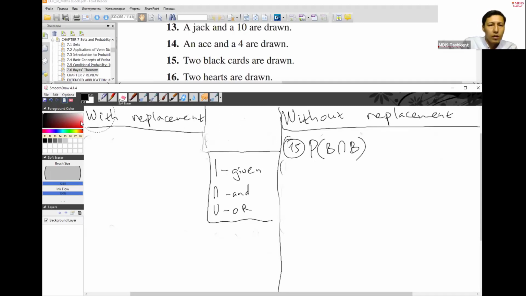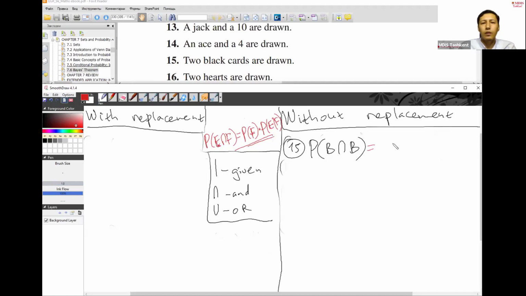So P(E and F) is equal to P(F) times P(E given F). From the conditional formula, we find this intersection.